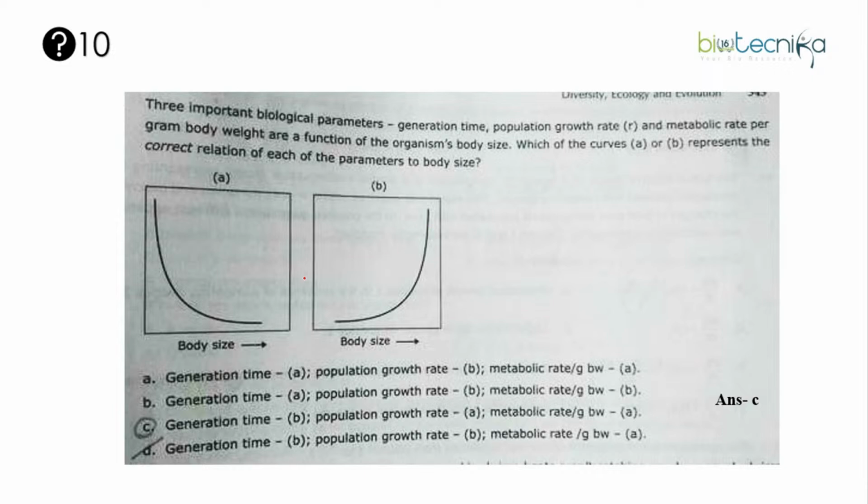Population growth rate will decrease, as you can see here. And the metabolic growth rate will also increase. Okay? Now, this is again a question from your chapter 1.